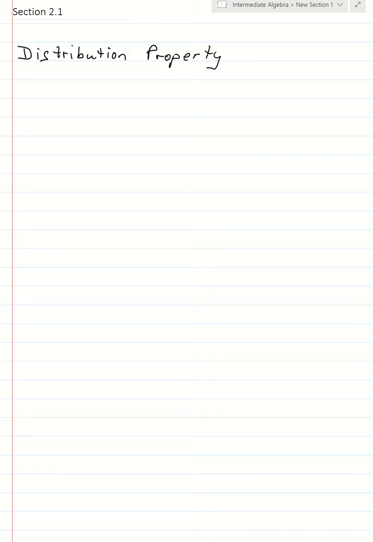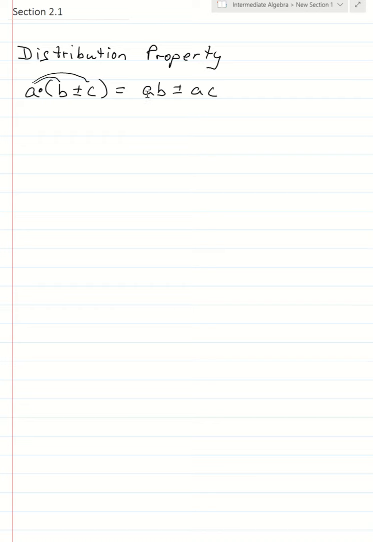And basically, the distribution property tells us that if we have A times B plus or minus C, that we could actually distribute the multiplication. There's an understood multiplication here, and we can distribute that A and multiply it with the B and with the C, in which case we would have AB plus or minus AC.